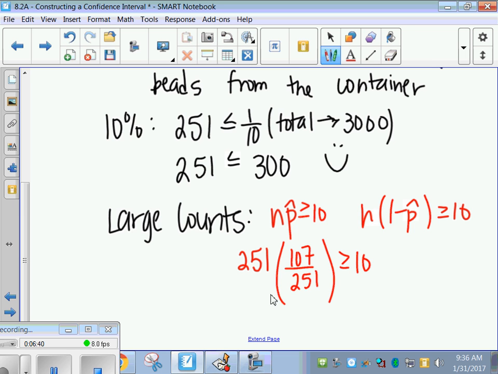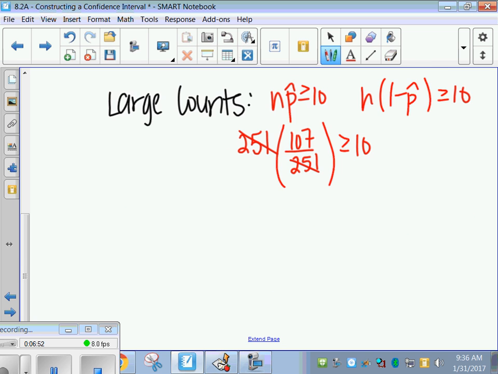What is going to happen every time we do these with proportions? Really, you only have to check that 107, how many you got that were red, is greater than 10, because those cancel out. And we have to check the 1 minus, right? So this would be 251 times however many were not red. Wasn't that 144?